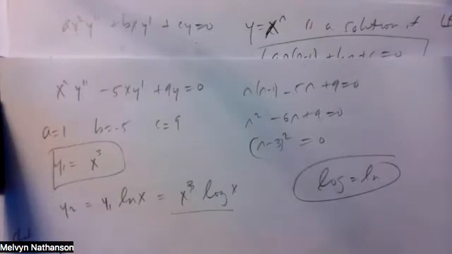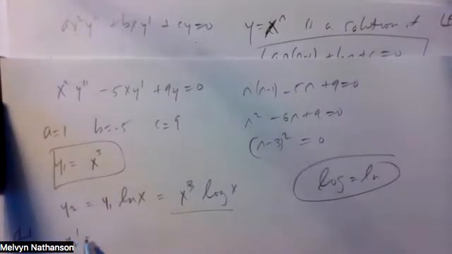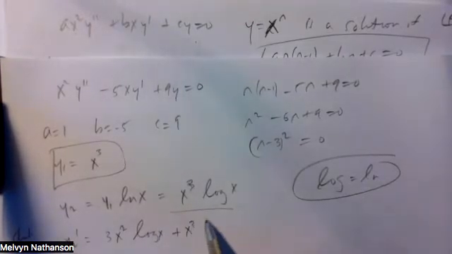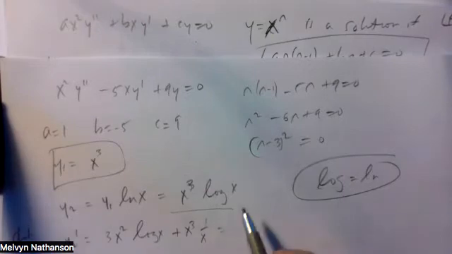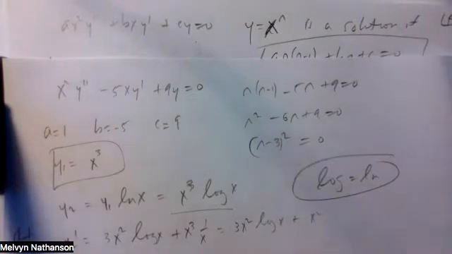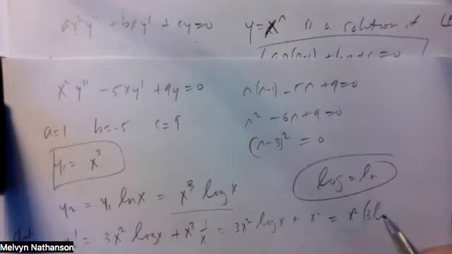So let's check. Let's see if this is correct. y2 prime is 3x squared log x plus x cubed times 1 over x, which is 3x squared log x plus x squared. Or if you like, x squared times (3 log x plus 1).